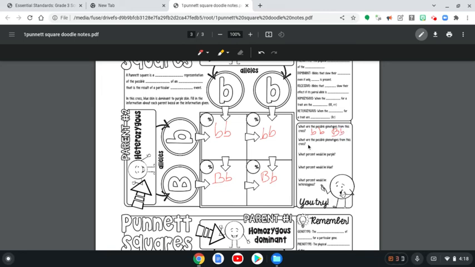Possible phenotypes would be blue, and then our purple. Okay. Our percentage purple would be 50.